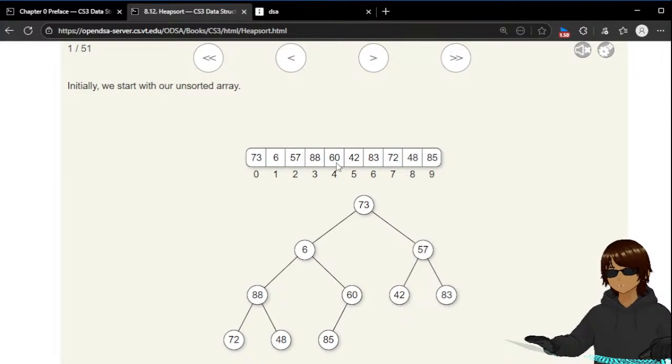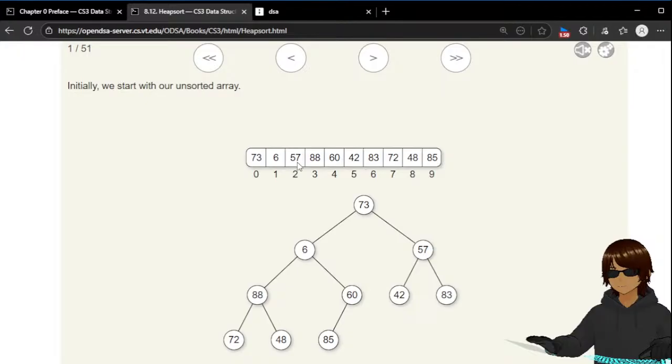And then since 85 is bigger, we swap 85. And then next 48. 48 is smaller, so it stays there. 72 is smaller, so it stays there. 88 compares with, well, it's 85. But 88 is bigger, so 88 will come here. 85 will stay there. 88 will be here, 6 will be here.